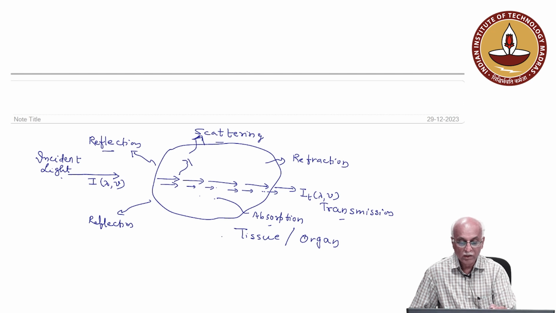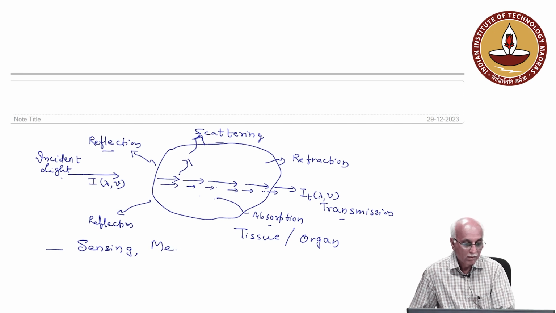It may also deal with the absorbed light, or photons, in this material, which may get involved in modifying the material characteristics as well. So overall, these aspects are very useful for sensing and measurements.